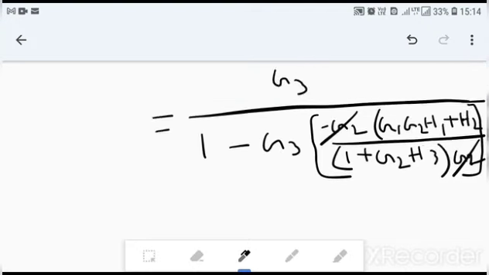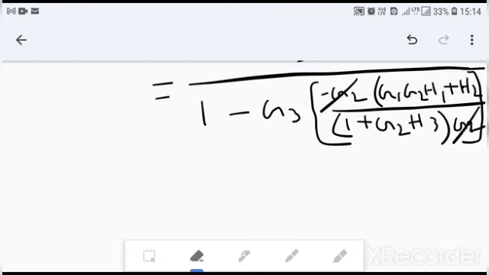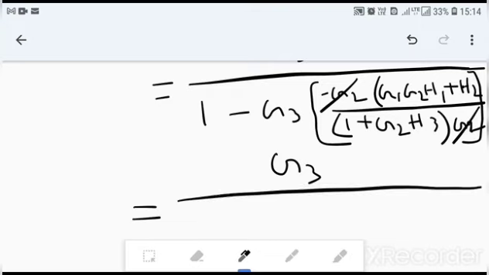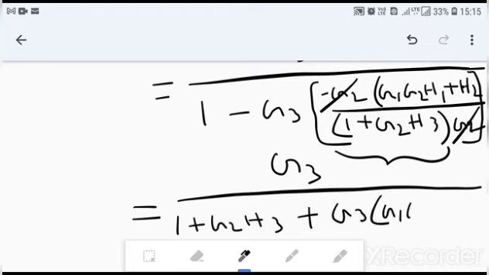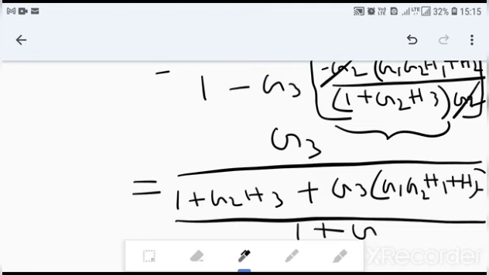And if you take the LCM in the denominator, that goes into numerator, that is 1 plus G2 H3, and otherwise I'll write another step here. So we get G3 whole divided by, when we take the LCM, this 1 plus G2 H3, we get 1 plus G2 H3, minus of minus becomes plus, G3 into G1 G2 H1 plus H2, whole divided by 1 plus G2 H3.